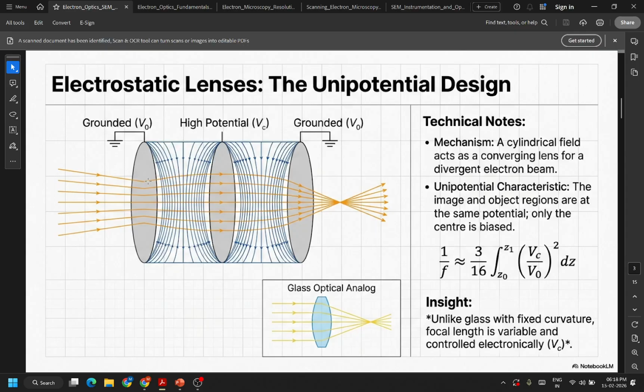When they go from a lower potential to a higher potential, their angle changes, and then when they go from high potential to low potential again, their angle changes again, and that gives a path difference and creates a focusing point.